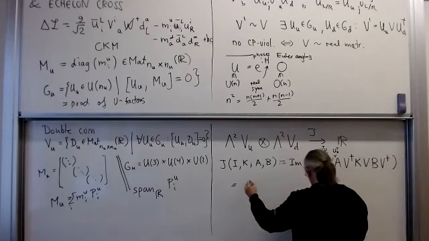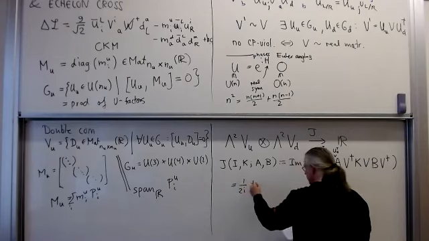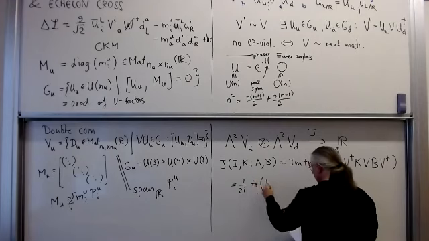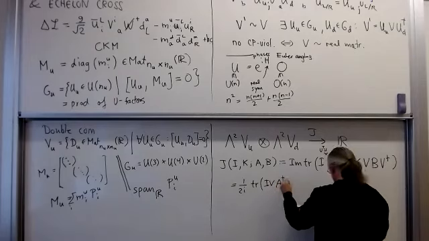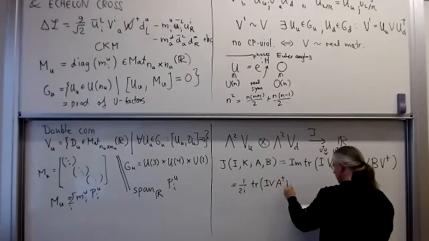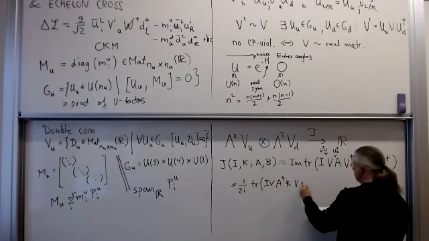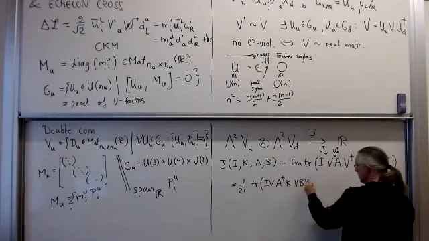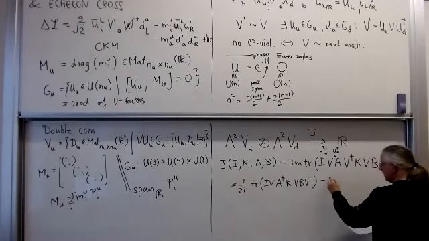So if I write it out twice, then this is equal to 1 over 2i, and then I get trace of I, V, A, dagger, K, V, B, V dagger here, and then minus the same complex conjugated.